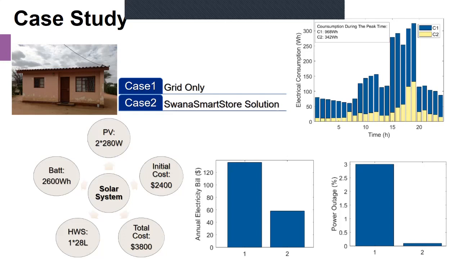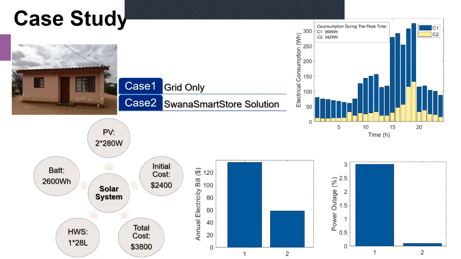On the other hand, you can see the electrical power consumption in the top right chart. Blue shows the electrical usage from the grid in case 1, and yellow is the electrical usage when the customers use SwanaSmartStore solutions.